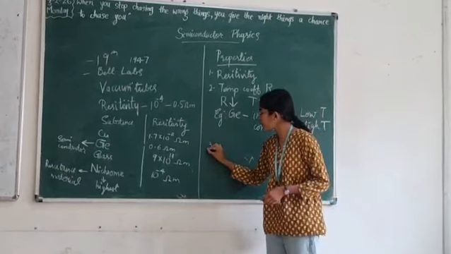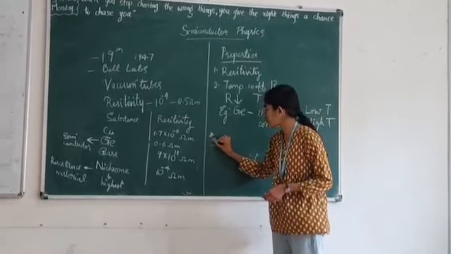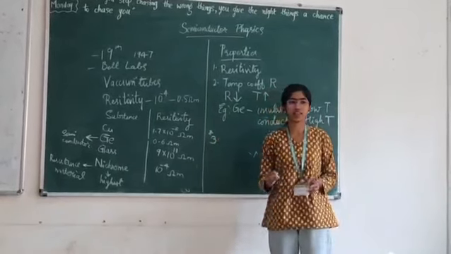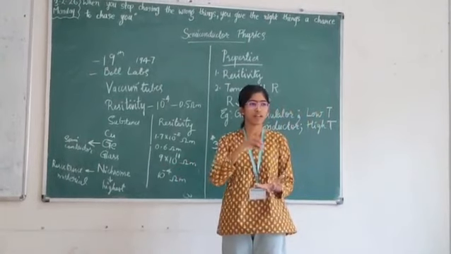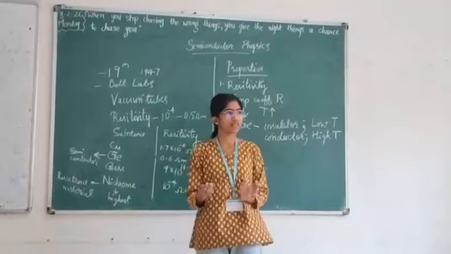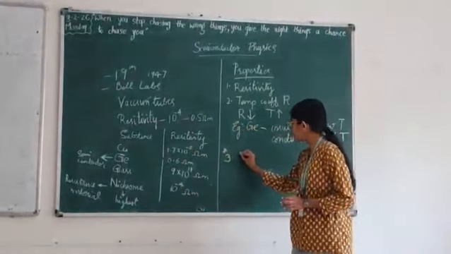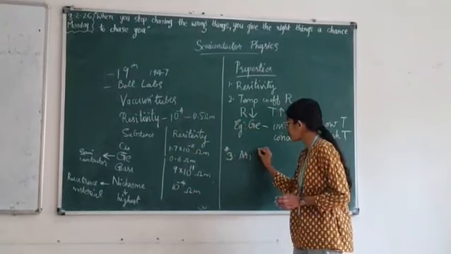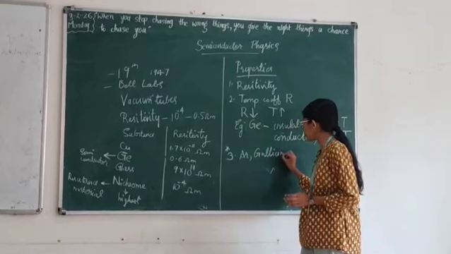Now the third property is a very important property that we will be discussing all through this chapter. If I am taking some semiconductor and adding some sort of metallic impurities into that semiconductor, this metallic impurity can be arsenic or gallium or anything like that.